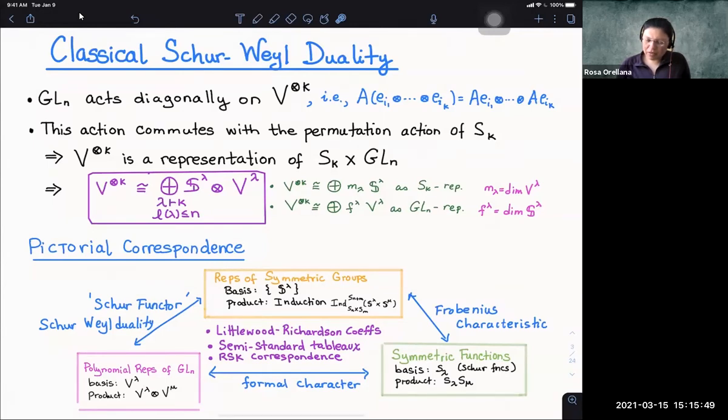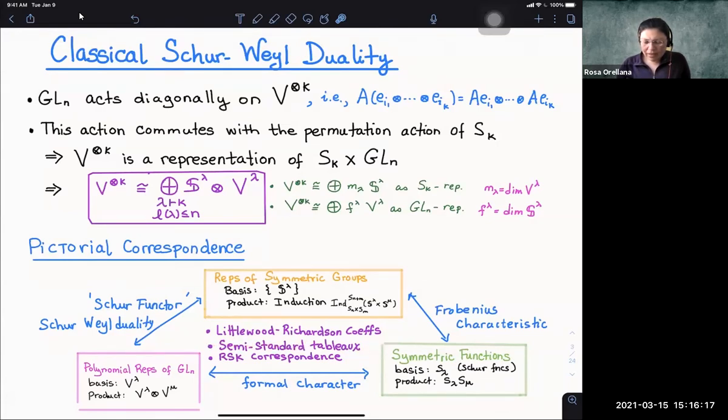And the combinatorial object that you're studying here are these semi-standard tableaux, tableaux that are weakly increasing, filled with positive integers. So these are basically the combinatorial structures.